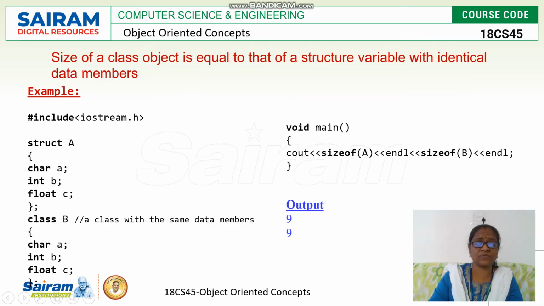Then next, we are comparing the size of one structure variable with one class object with identical data members. Here we'll see how it works. First, struct A is created.